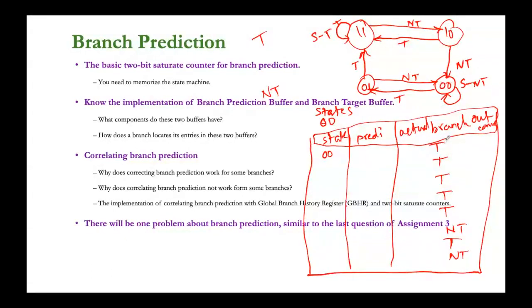From the 0 0 state, if it is taken, it is going to the next state, that is your 0 1. Correct? So then you are in 0 1 and the branch outcome is taken, so we will go to the next state, 1 1. Are you following me?